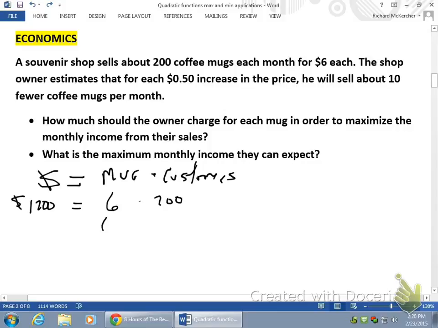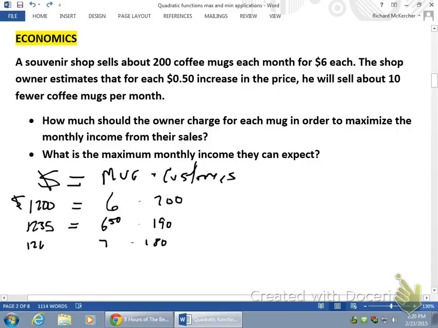If he goes up to $6.50, then his customers go down by 10. That's what it says. If he goes up 50 cents, his customers will go down by 10. So that's only going to be 190 customers. And I can just do that math. I find out that, look, hey, he made more money. Even though his price went up, he made more money. And I can just keep doing this until I figure it out.